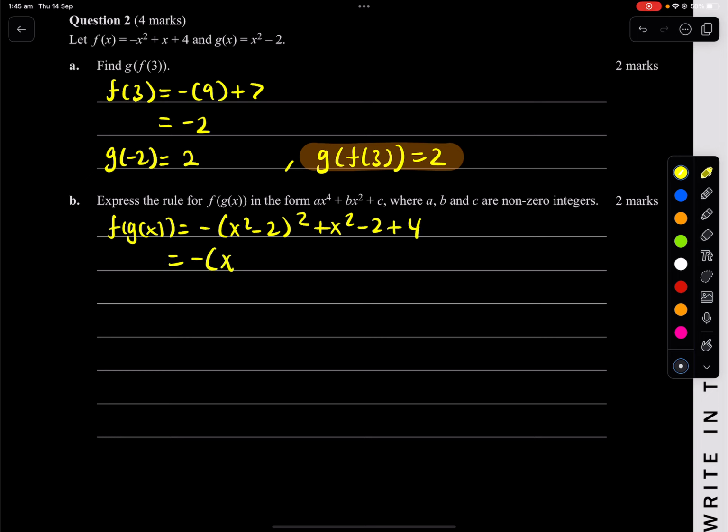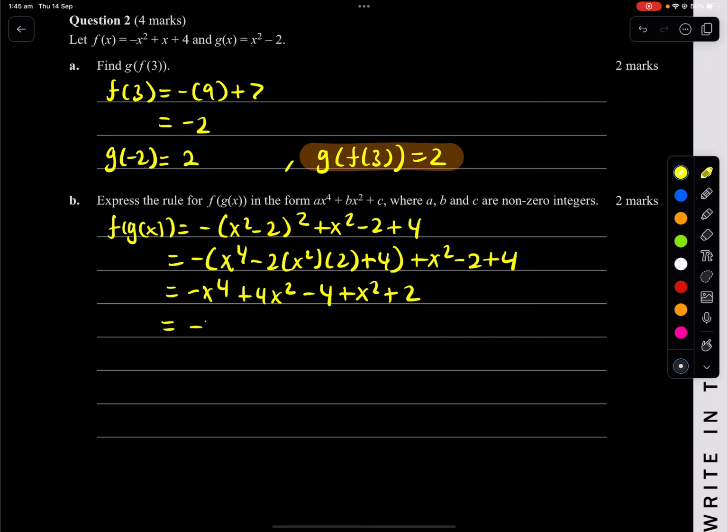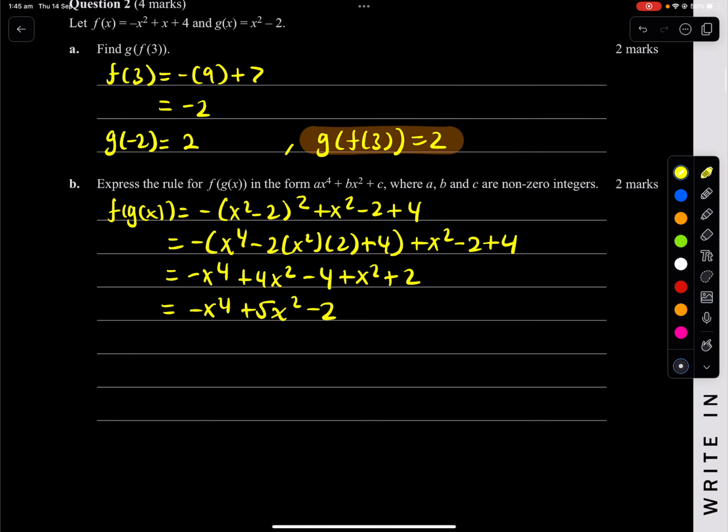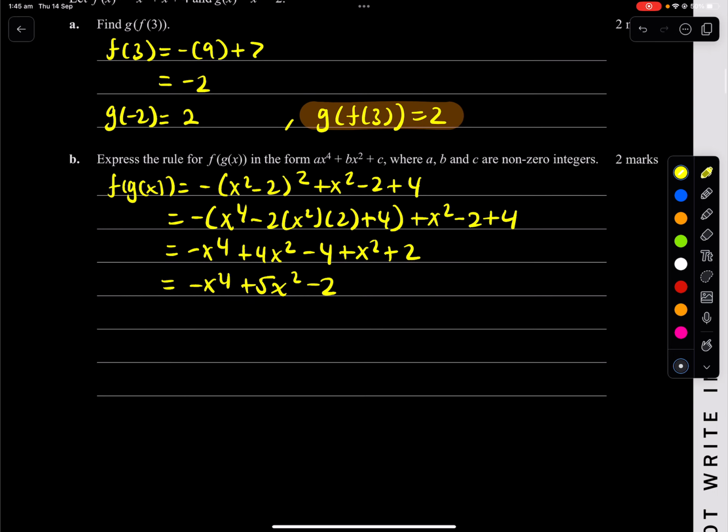That'll be x to the power 4 minus 4x squared plus 4, plus x squared minus 2 plus 4, which gives x to the power 4 minus 3x squared plus 6. Express it in this form, and yeah, that's that, where a and b are non-zero integers. That looks good.